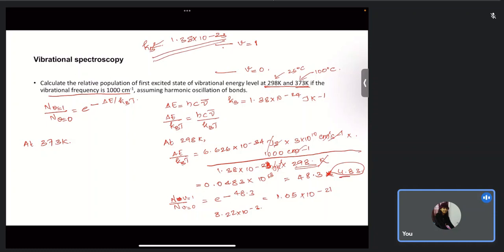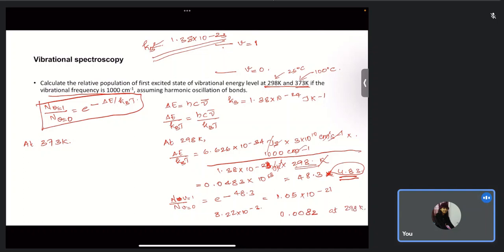Then delta E by kBT at 298 Kelvin is supposed to be 4.83, and if we substitute that in this equation, we'll get the relative population, which is supposed to come as 0.0082 at 298 Kelvin.